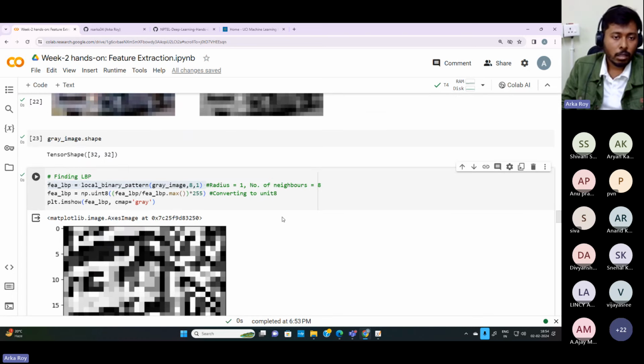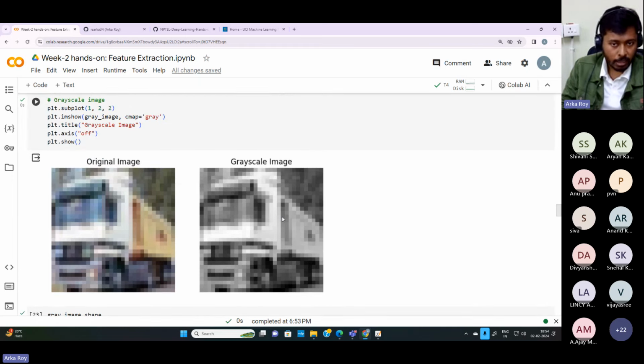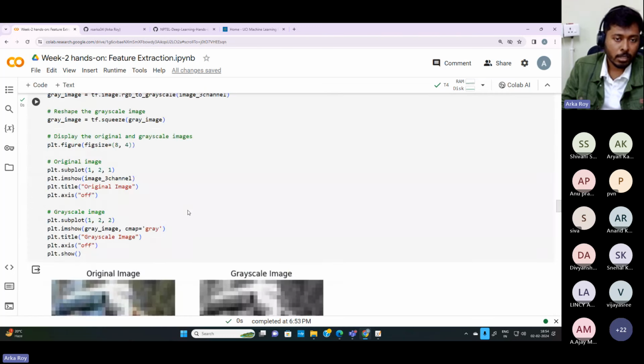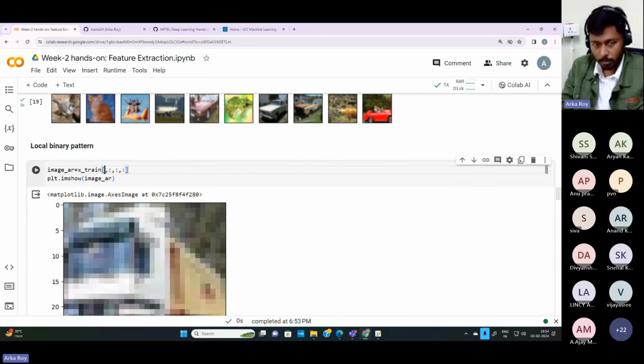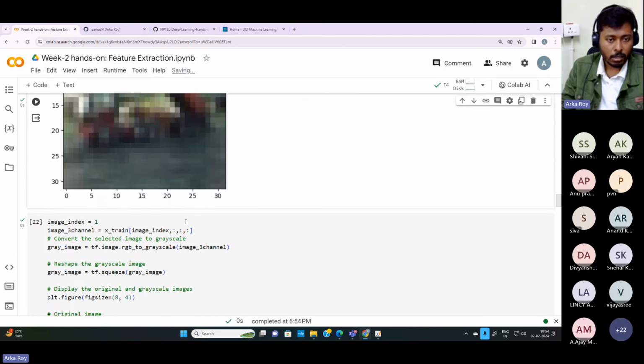For the other images also, you can extract these features. You just need to change the index of the image, and then you will get some other image. For example, if I do the same over here, image index 2, let's say. This is the image.